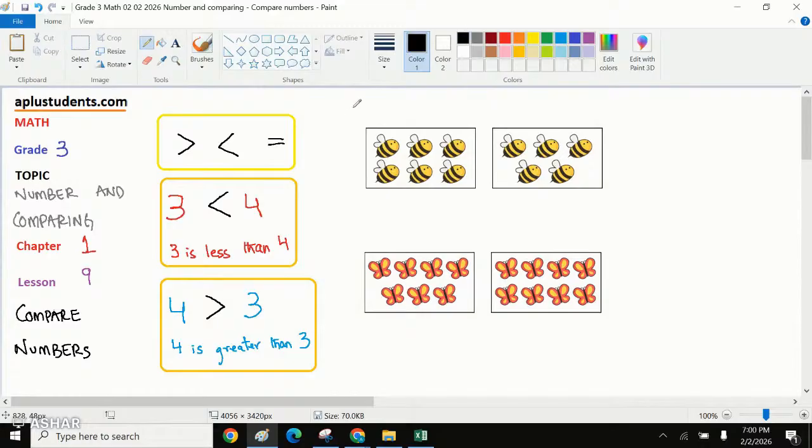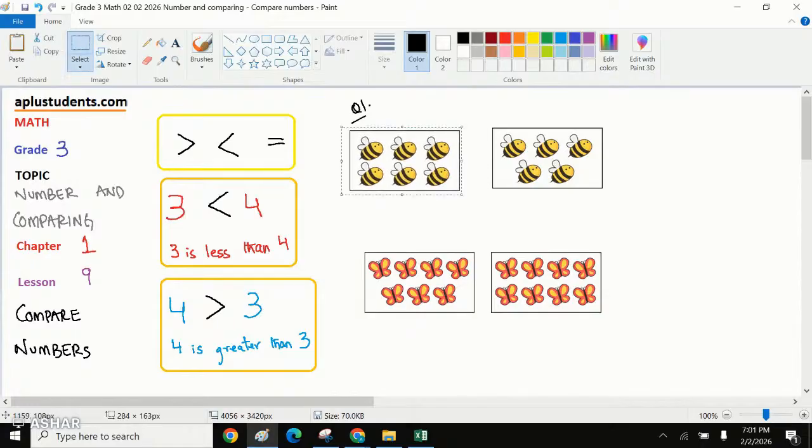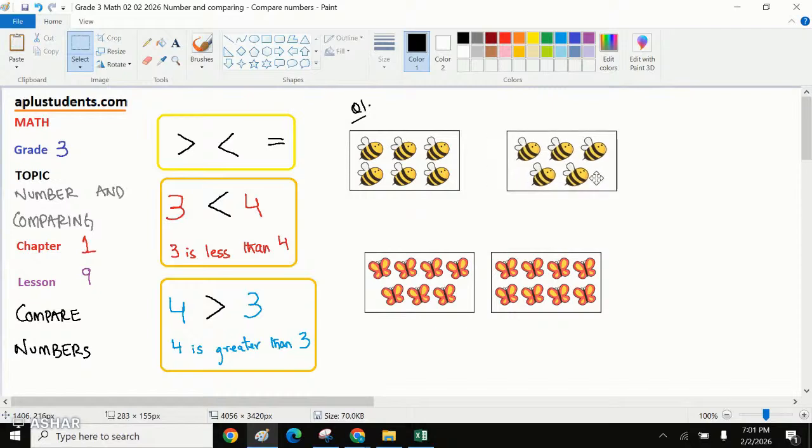In question number 1, we have a number of bees. Which number of bees is greater? The bees on the left side or the bees on the right side? Let's count them: 1, 2, 3, 4, 5, 6 and these were 5, right?